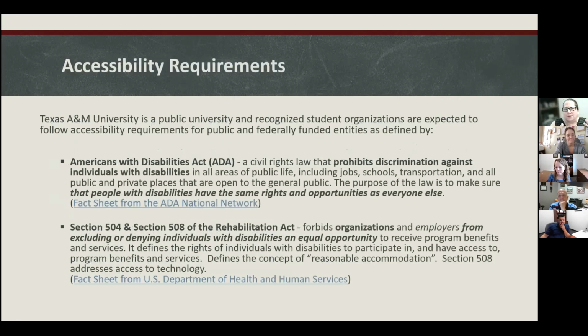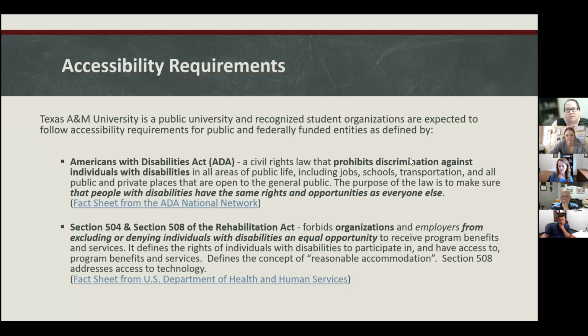So I think most people know these things, but I'm just going to put it out there. We are a public university, so Texas A&M is a public university, and the recognized student organizations in this public university have to follow the same requirements for public and federally funded entities. And those are guided by the ADA, the Americans with Disabilities Act, which is about preventing discrimination. You want to make sure that people with disabilities have the same rights and opportunities as everyone else.